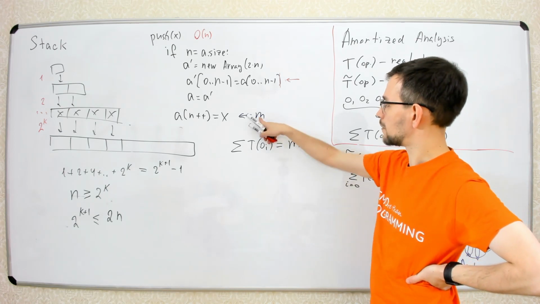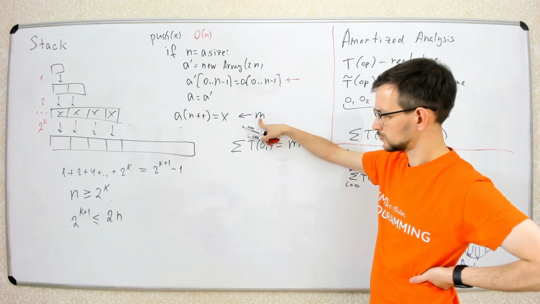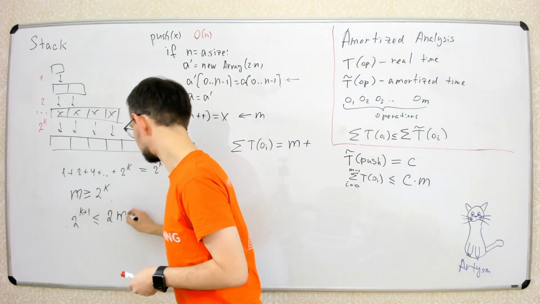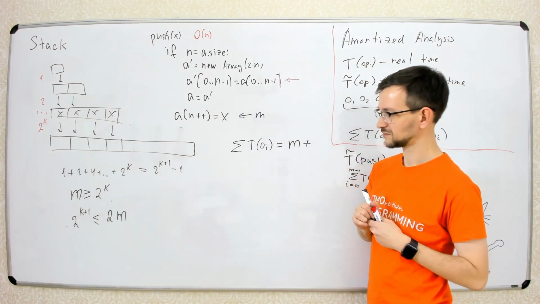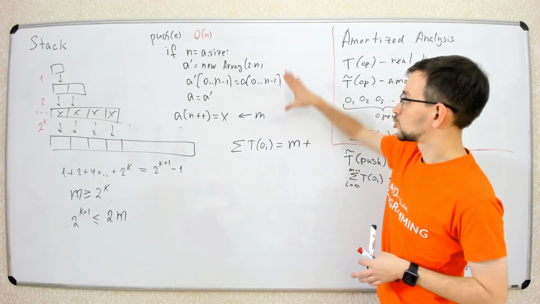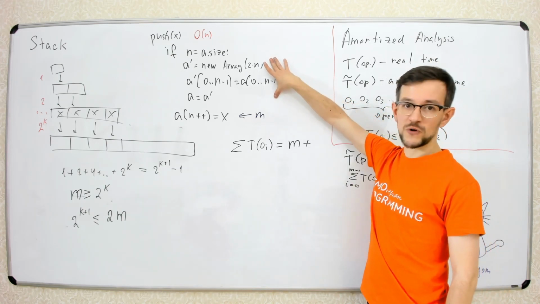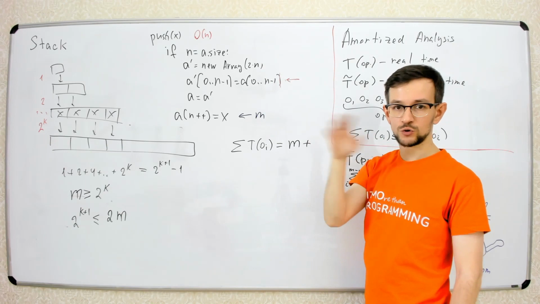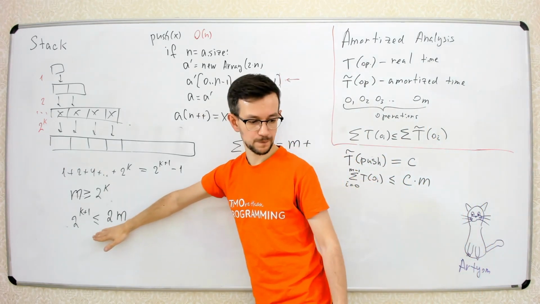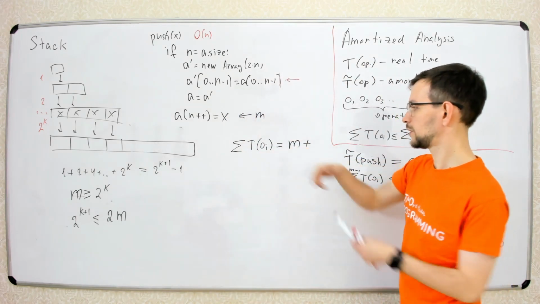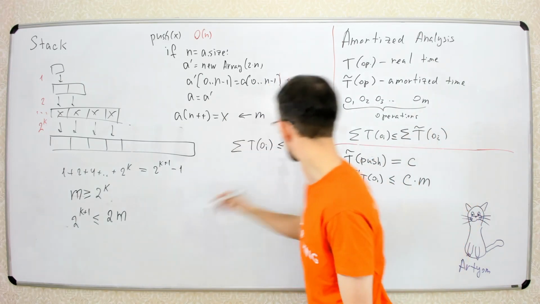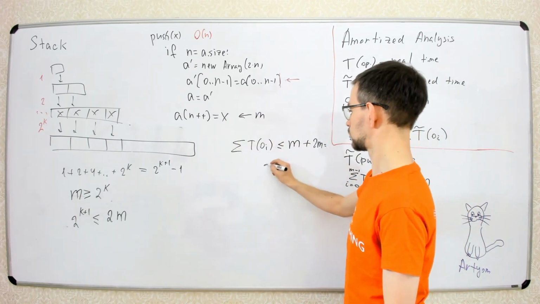Why n if I have m? M, right? I have m operations. So the total number of operations we spend on copying elements to the new array is no more than 2m. So this sum will be no more than m plus 2m, equal to 3m.